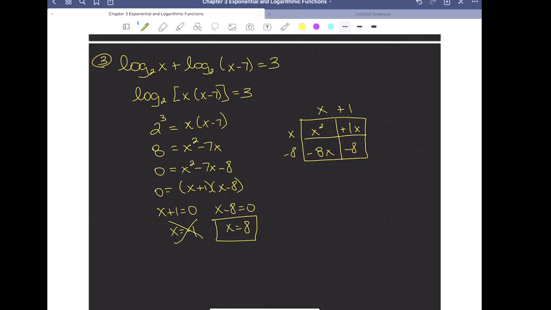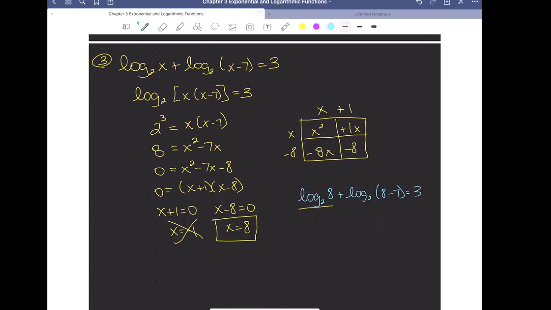If I test that 8 in the original, I would have log base 2 of 8 plus log base 2 of 8 minus 7, and I want to know if that equals 3. For the first one, you're looking for 2 to what exponent is going to give you 8?